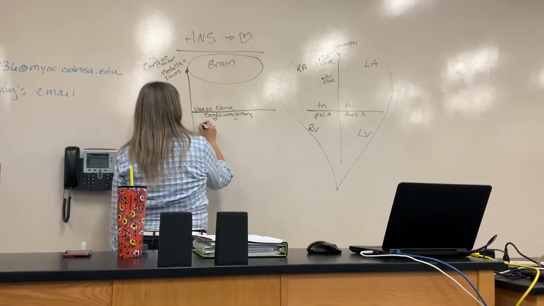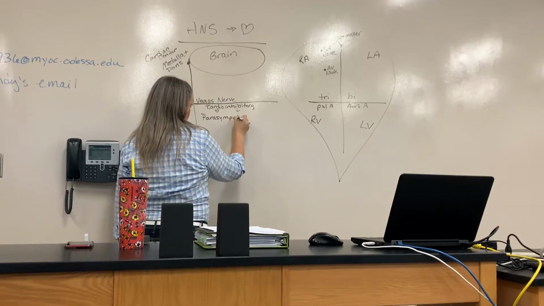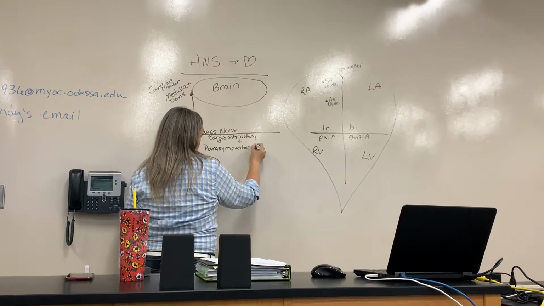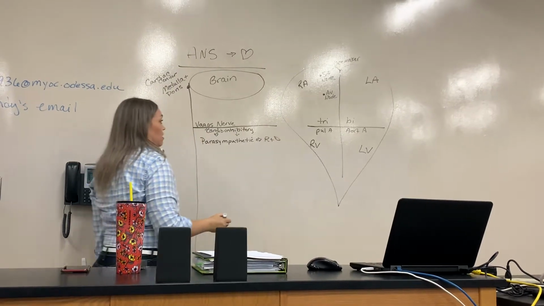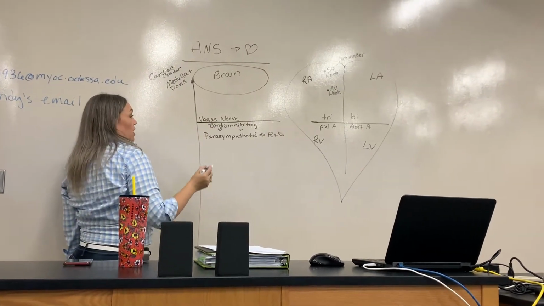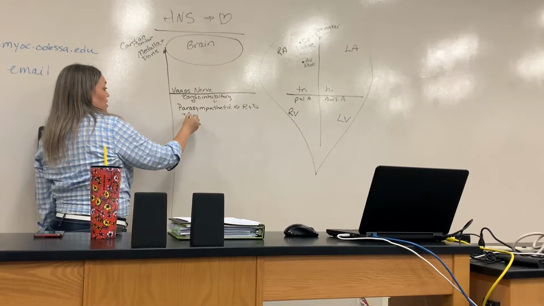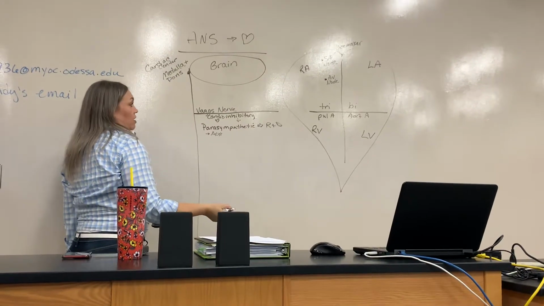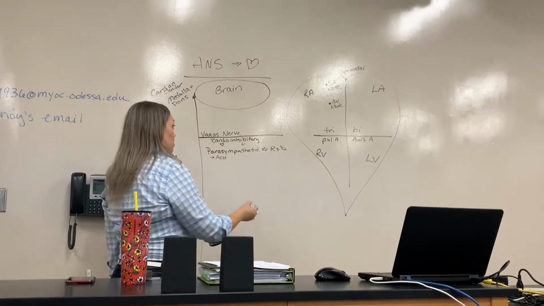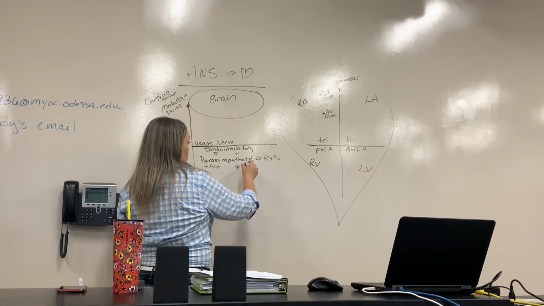Parasympathetic, which means? Rest and digest. Do you remember what chemical our body releases at this point in time? Acetylcholine. And what does that do to our heart rate? It lowers it. Because we're laying on the couch digesting tacos.